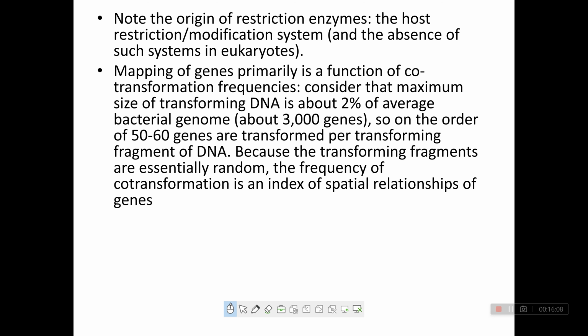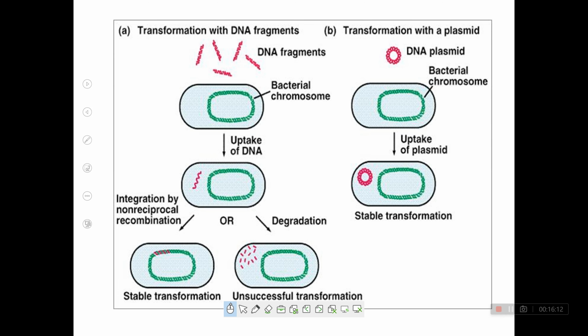See the diagram. This is the diagram. See what happened here. This is a transformation mechanism with a DNA fragment. This is the exogenous DNA fragment, and this is a bacterial chromosome, right?